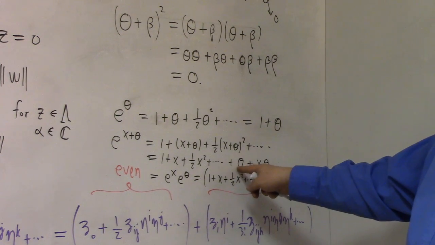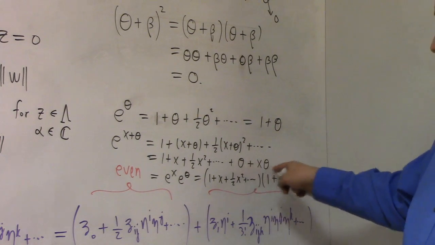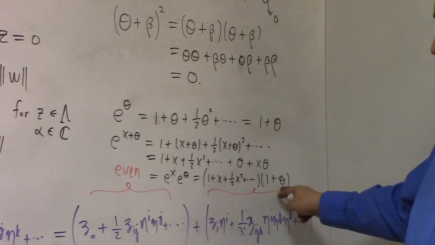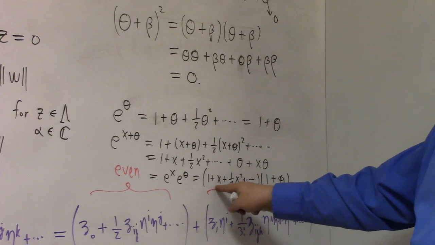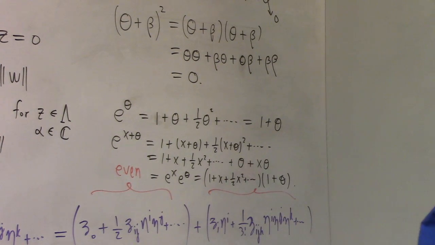There's the 1, so these two terms are the first term in this. It's theta times 1. Here's the x times theta term, and it keeps happening at higher orders. So that's what the exponential of a basic supervariable looks like. It's kind of boring in the fermionic variable.